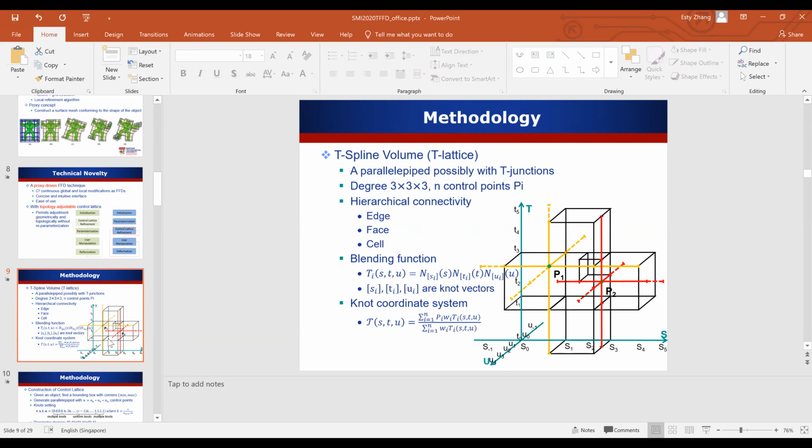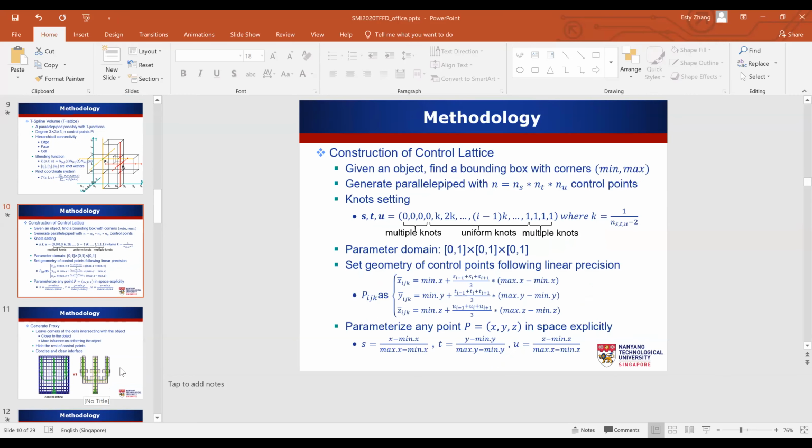Just a very simple illustration here. Thank you. So you're not always computing as the initial lattice a full parallelepiped grid. Sometimes the initial one could be of the shape you are showing.